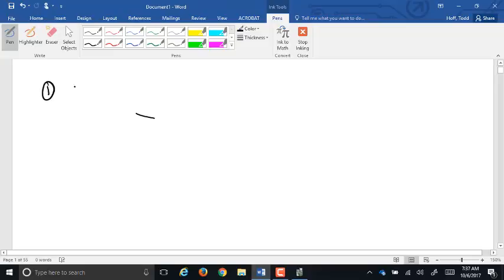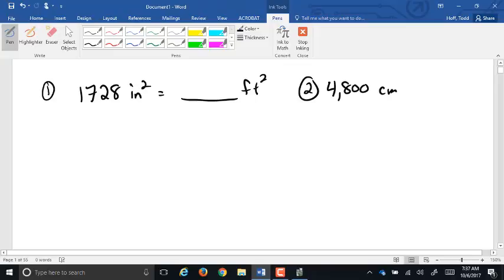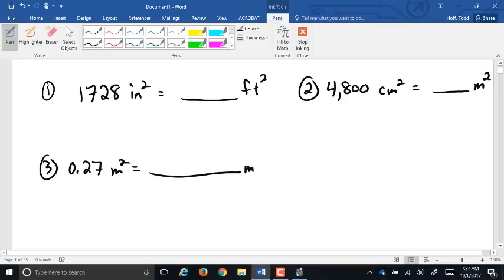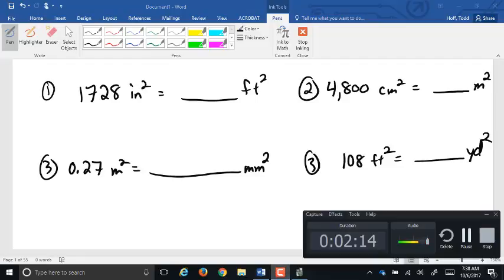If we have 1,728 square inches going into square feet, or if we had 4,800 square centimeters going into square meters, or 0.27 square meters going into square millimeters, or 108 square feet going into square yards. I'm going to have you test those quick.